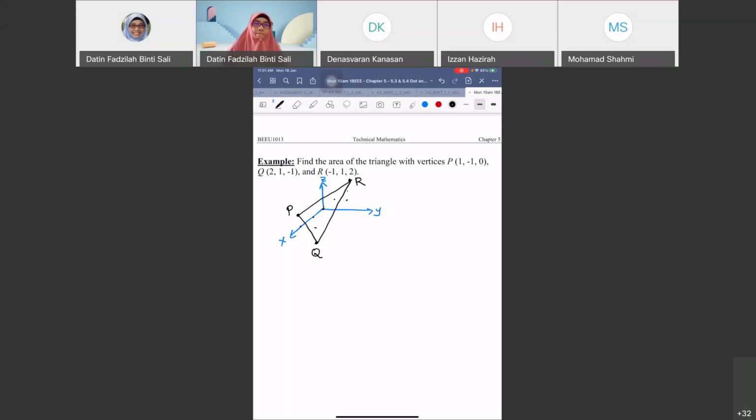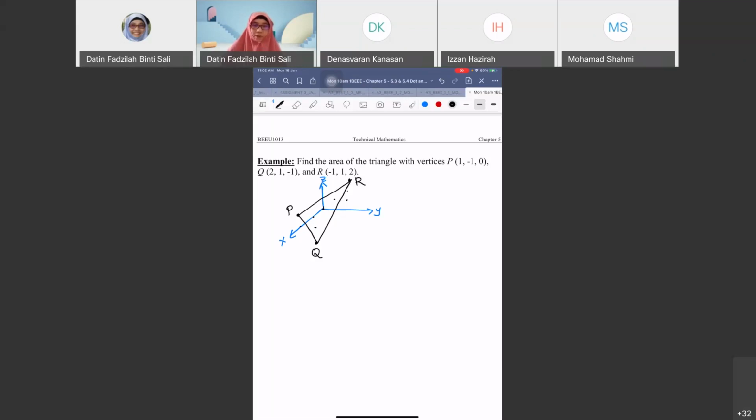Now, of course, you do not want to use the formulas you have learned before, like half times base times height, or half ab sine C. Since you have this triangle with all three coordinates, you might want to use the concept of vectors to find the area.